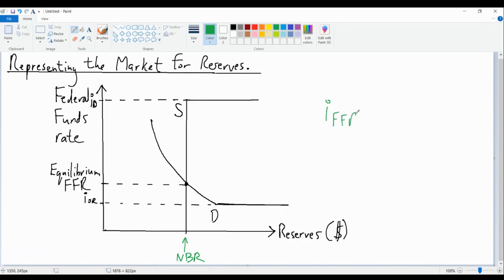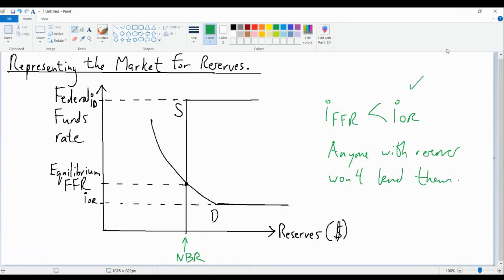Imagine a situation where the federal funds rate is less than the interest rate on reserves. Then anyone with reserves won't lend them, right? Because you earn more by just keeping the reserves than by lending it to someone else. So what that means is that this can't happen.